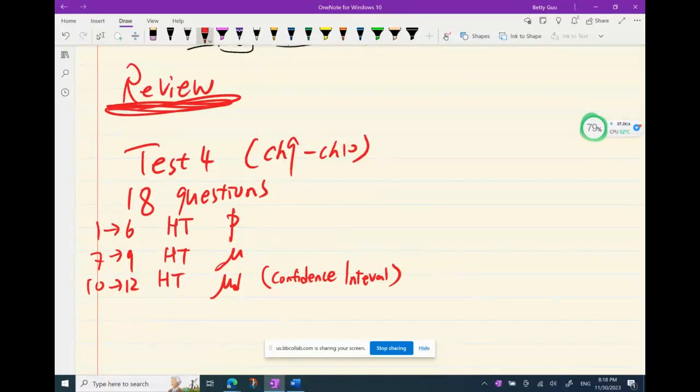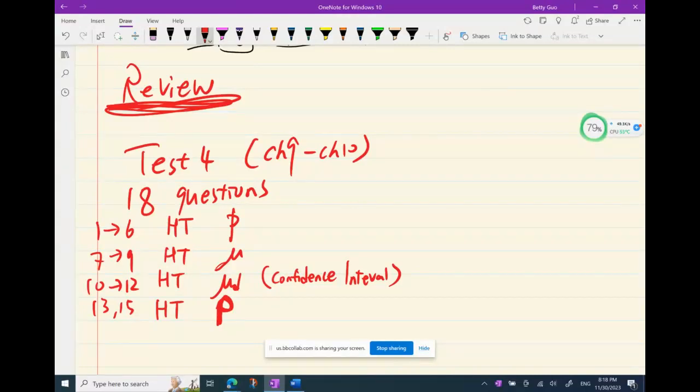And number 13 and number 15 are about hypothesis testing, the formal test of rho. Yeah, guys, do you remember what rho is? We learned that in 10.1. Rho is the population parameter.